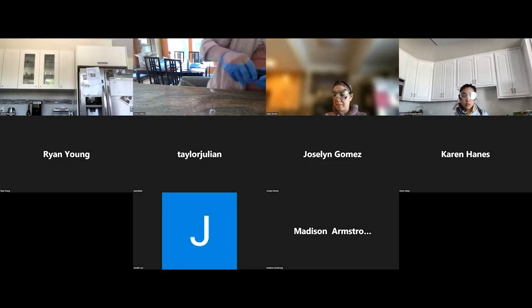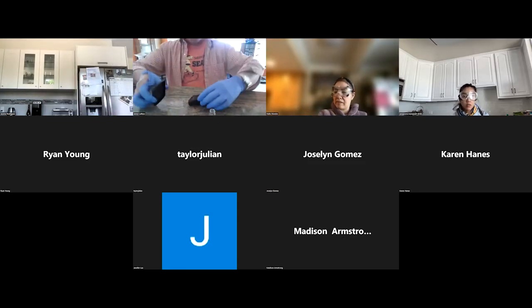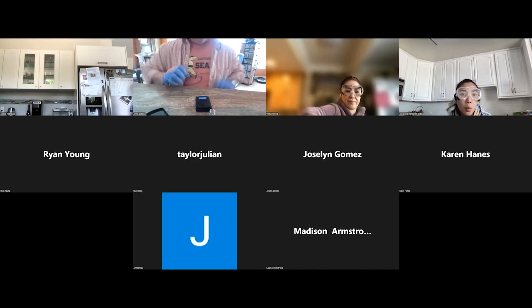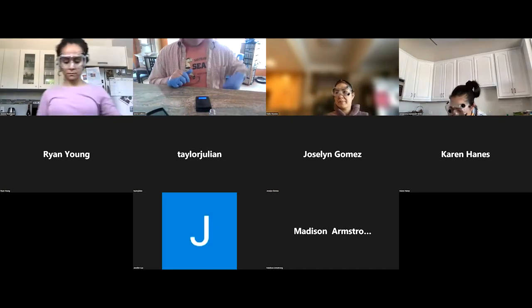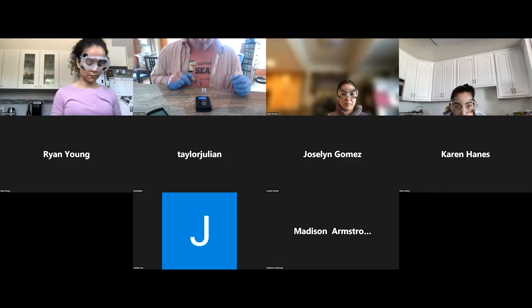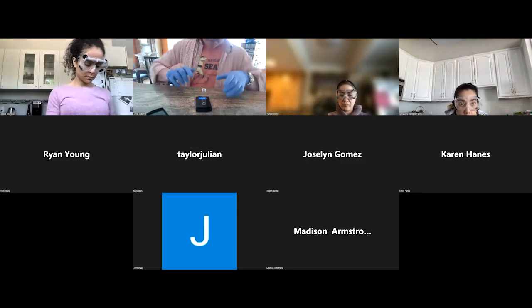Remember, we're going to want about 2 grams. Put the vial on. The vial weighs about 8.4 grams.